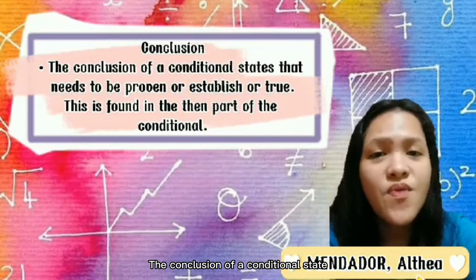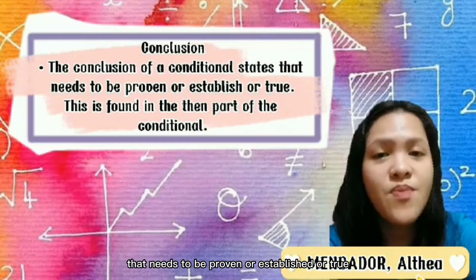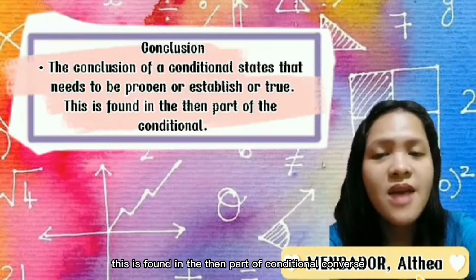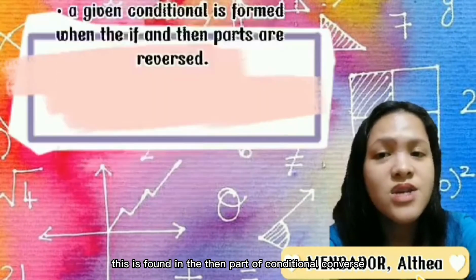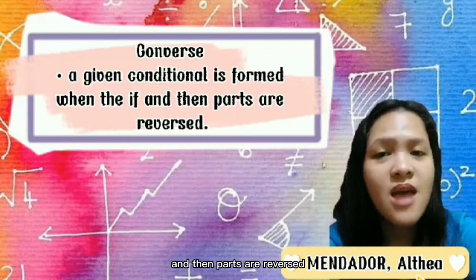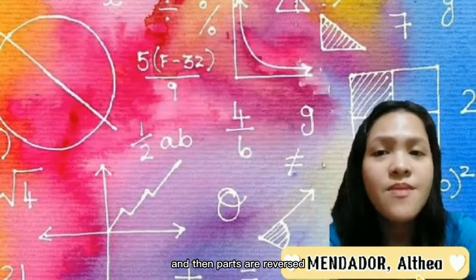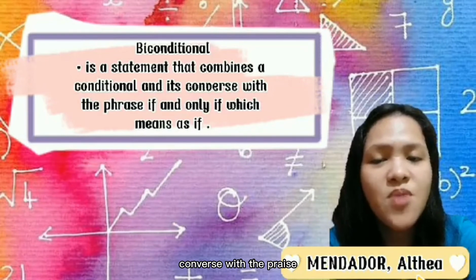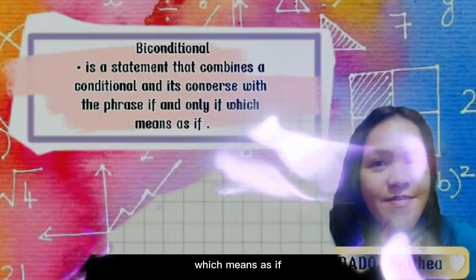Conclusion: the conclusion of a conditional states what needs to be proven or established as true. This is found in the then part of the conditional. Converse: a converse is formed when the if and then parts of a given conditional are reversed. Last, a biconditional is a statement that combines a conditional and its converse with the phrase if and only if.